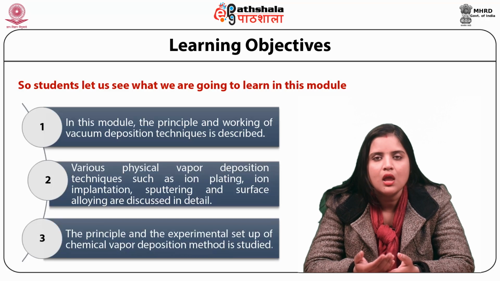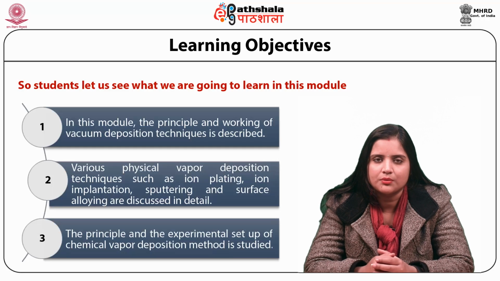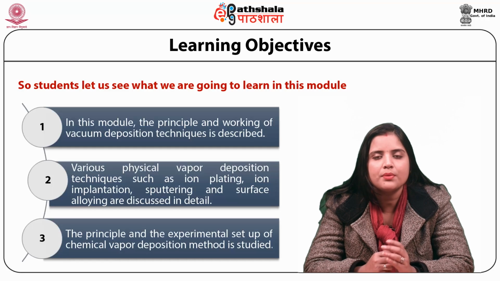The principle and the experimental setup of the chemical vapor deposition method is studied in this module. Finally, advantages, limitations, and applications of various thin film deposition techniques are discussed.